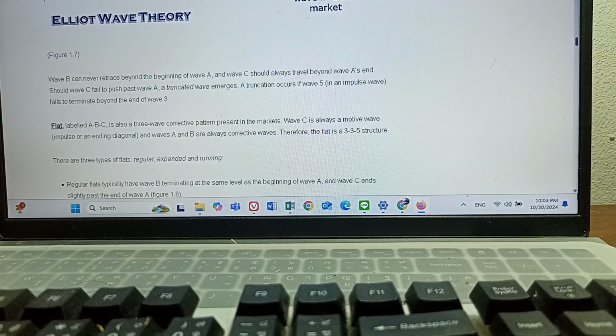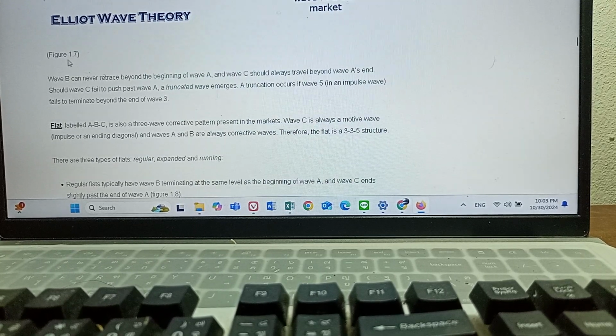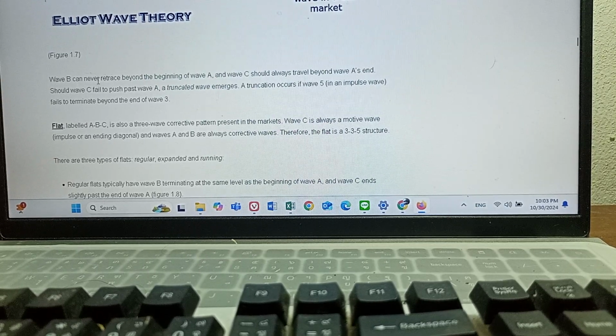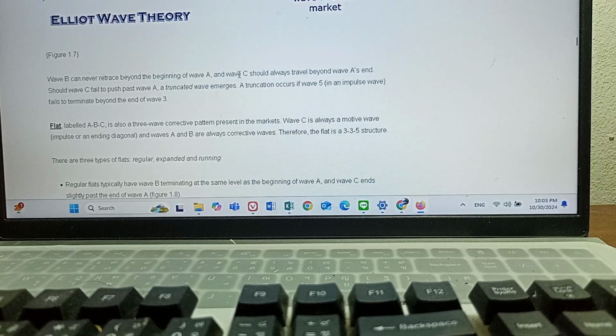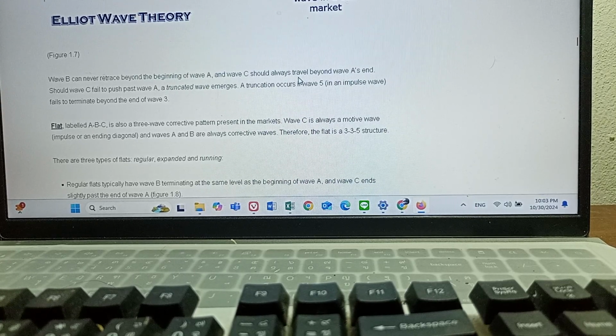Elliott Wave theory, Figure 1.7. Wave B can never retrace beyond the beginning of wave A, and wave C should always travel beyond wave A's end.